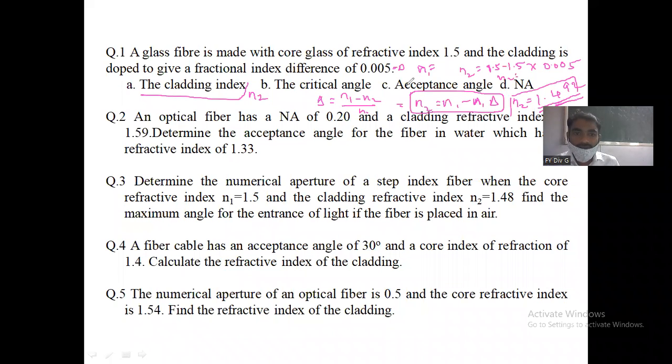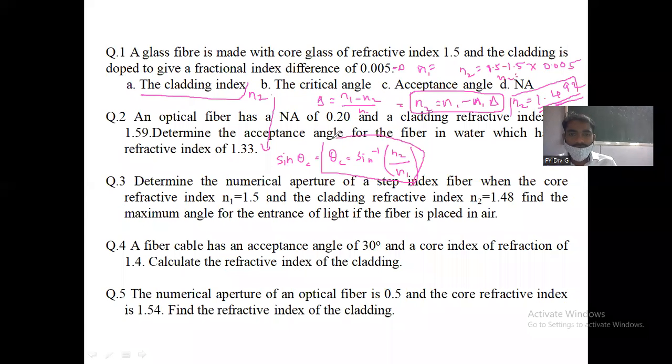What is the second? To find the critical angle. B, critical angle. What is the formula for the critical angle? Theta c is equal to sine inverse of N2 divided by N1. I think this is the formula for the critical angle.